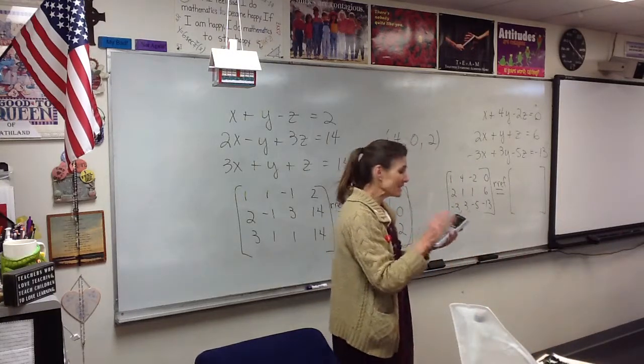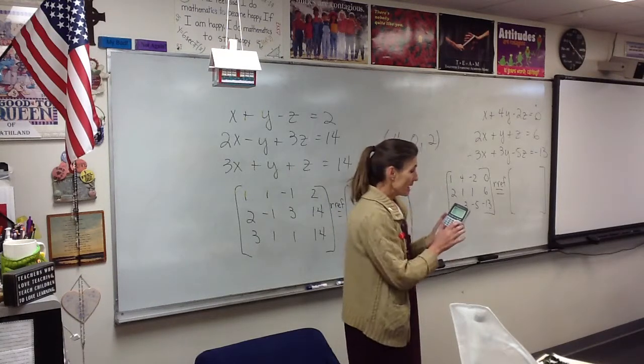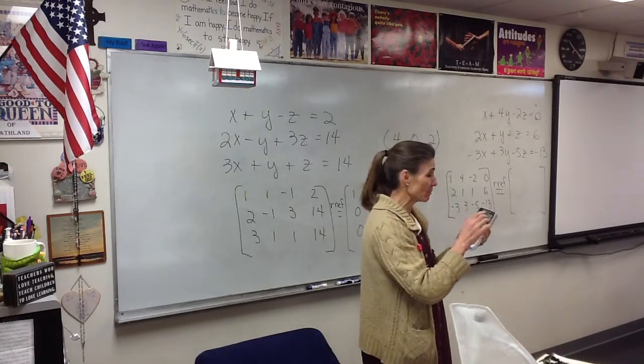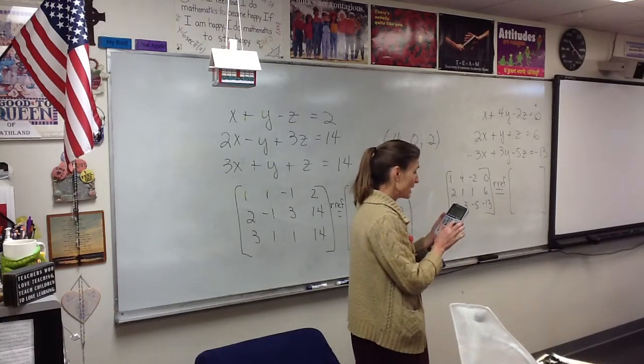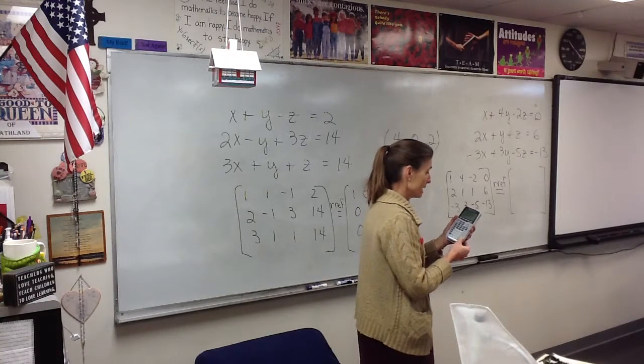Now, go back into your matrix menu. So second matrix, and go over just to math. Instead of going all the way across to edit, we're going over to math. Okay. And we click all the way down till we come to the RREF button. And we press enter.